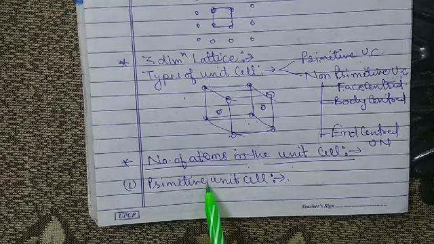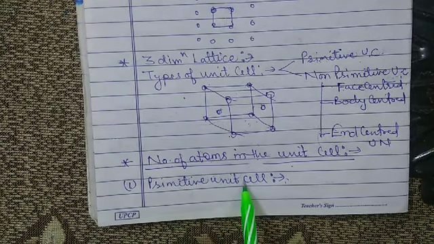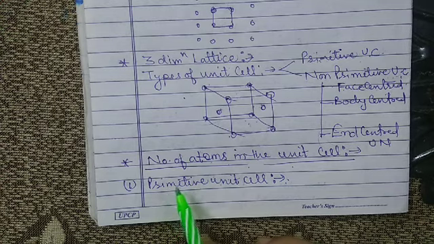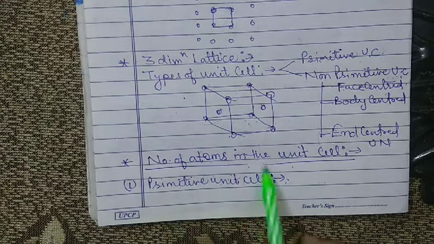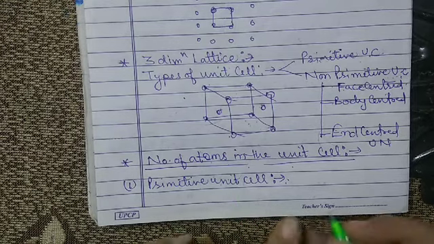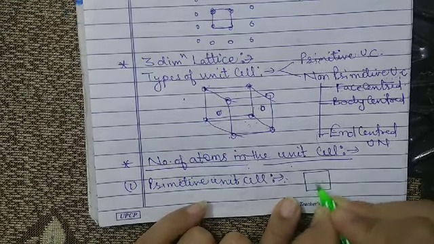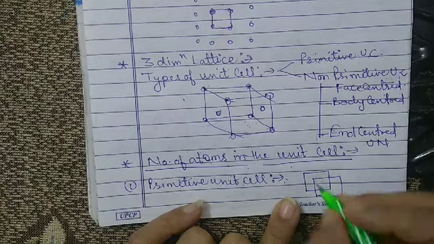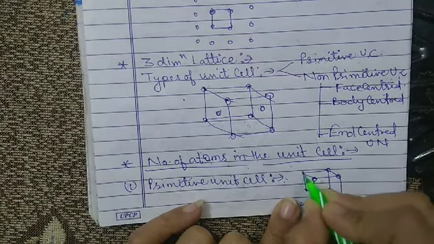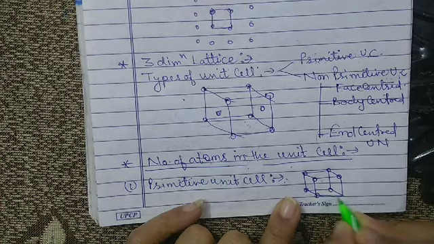So in this unit cell, the points are present at the corner of a cube. It is clear that the atom present at each corner contributes 1/8 to the cube. For example, this is the cubic structure. So 1, 2, 3, 4, 5, 6, 7, 8.